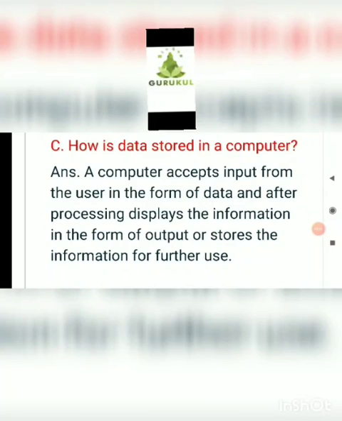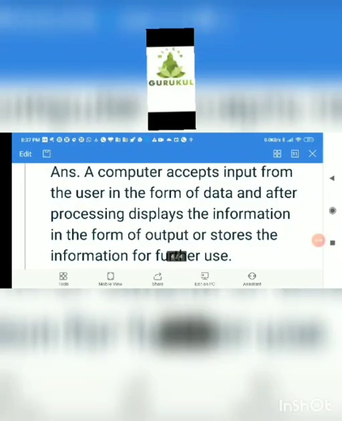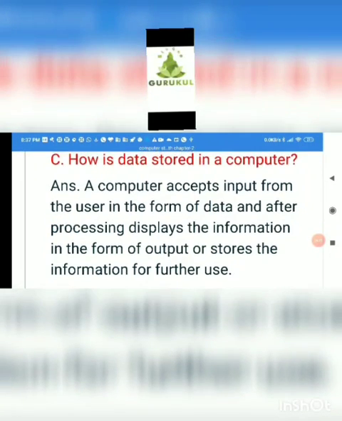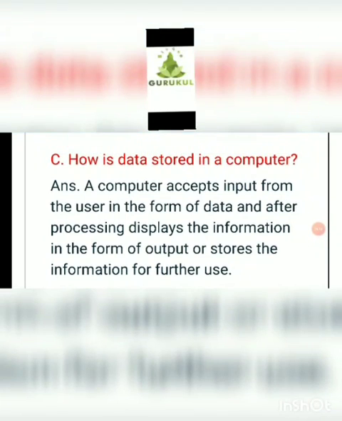The storage unit is again divided into two types: primary memory and secondary memory. The primary memory is the volatile memory, meaning temporary memory. The information or data we save in the primary memory will be deleted if we switch off the computer system.